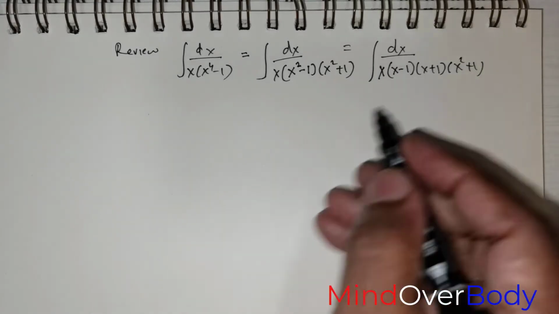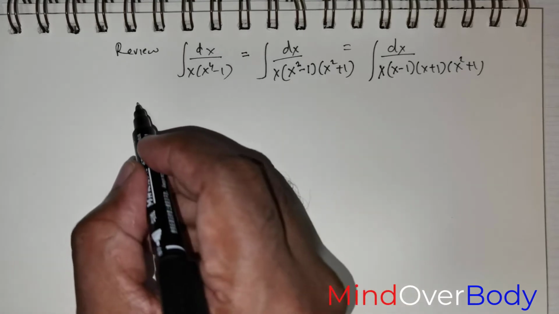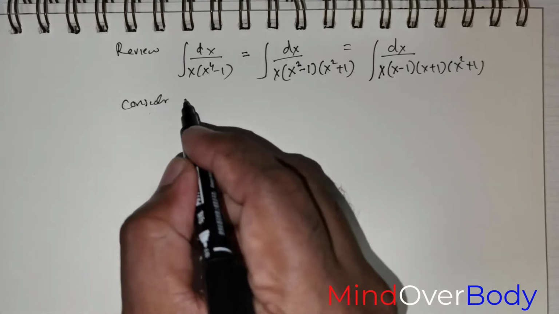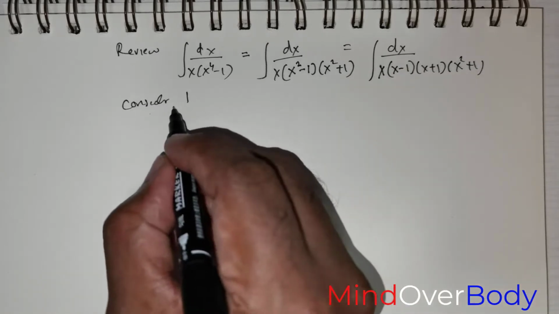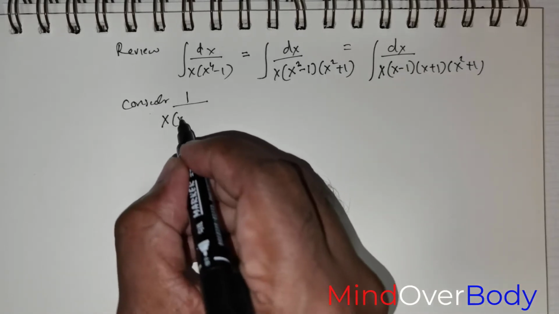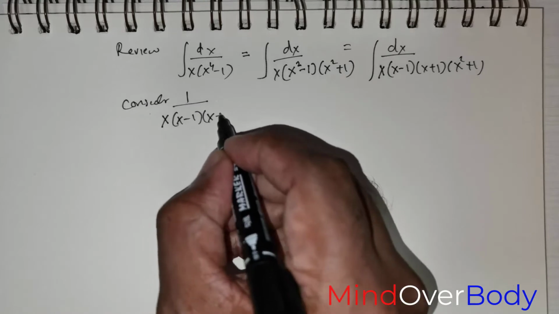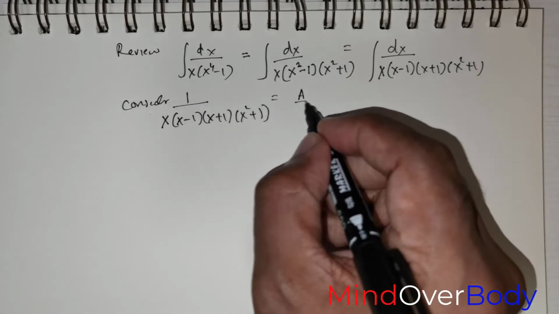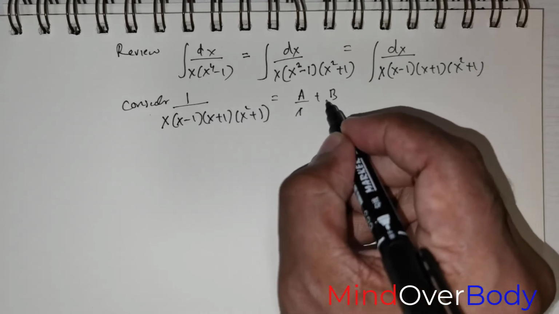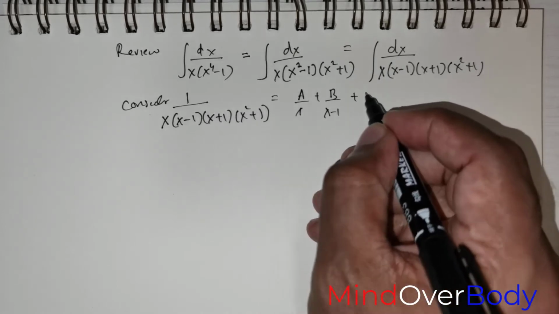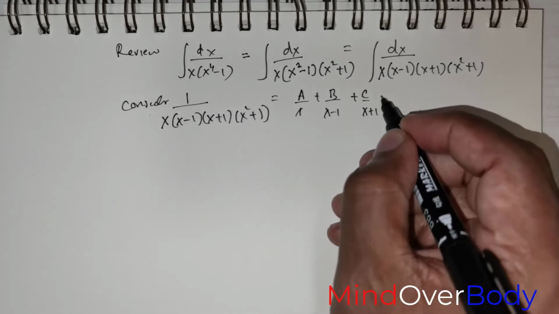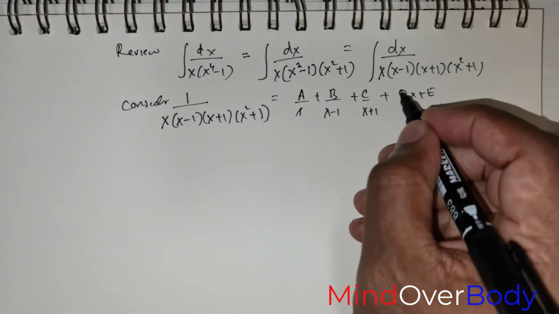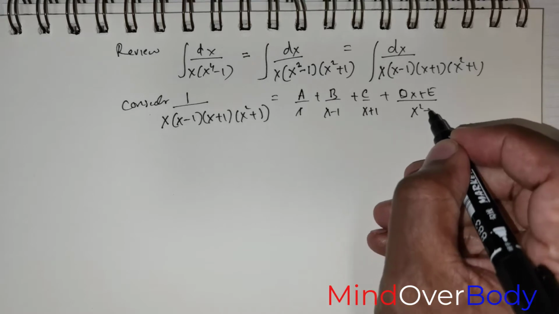Now using the concept of partial fractions, first I will just consider the integrand, which is 1 over x times (x minus 1) times (x plus 1) times (x squared plus 1). This can be rewritten as a over x plus b over x minus 1 plus c over x plus 1 plus (dx plus e) over x squared plus 1.